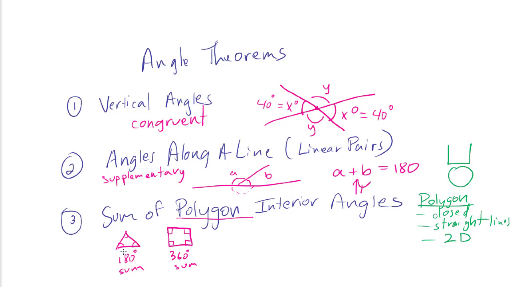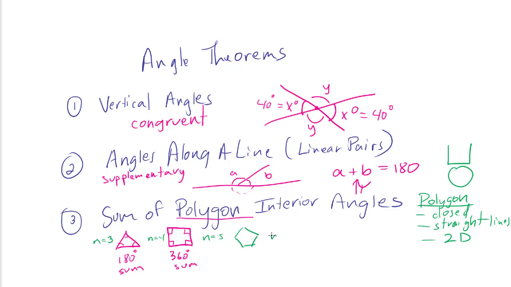Well, we have a triangle with n equals 3 sides. I can't have n equals 2 sides in Euclidean geometry, that is planar geometry, because I can't close a shape with 2 sides. I have a quadrilateral with n equals 4 sides. If n equals 5, we call it a pentagon.